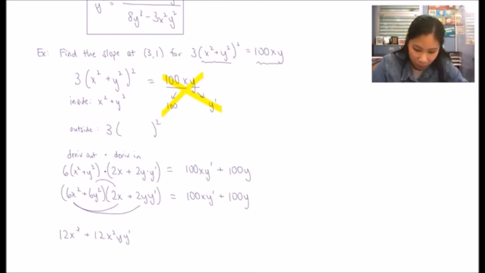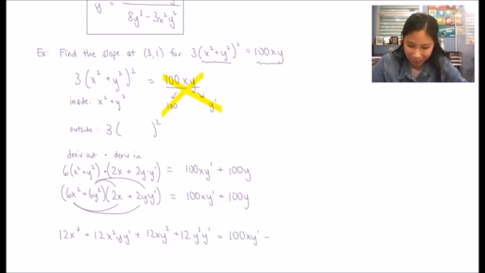And then 12x y squared. Sorry, I'm really lazy. I'm not going to edit out the bell, just so you're aware. And then plus 12y cubed y prime. Okay. Whew. And then all the other stuff on the other side.